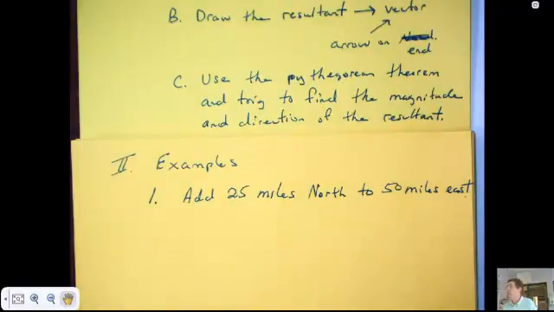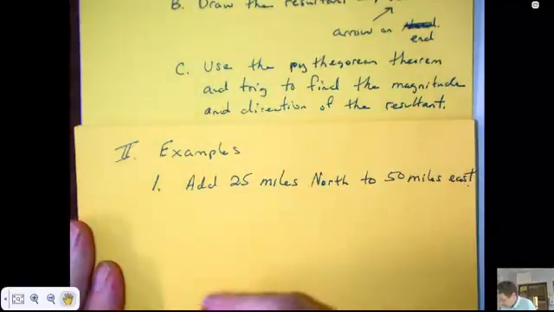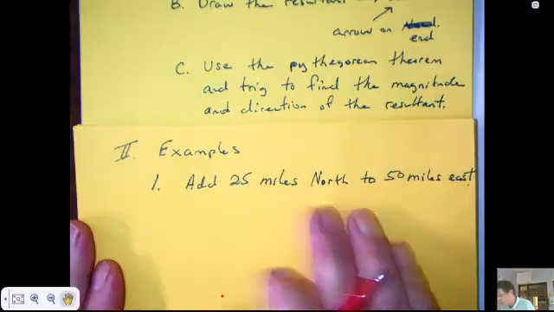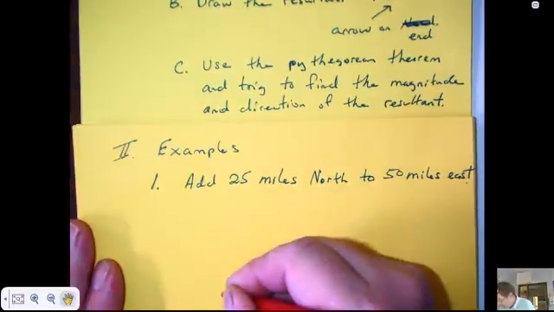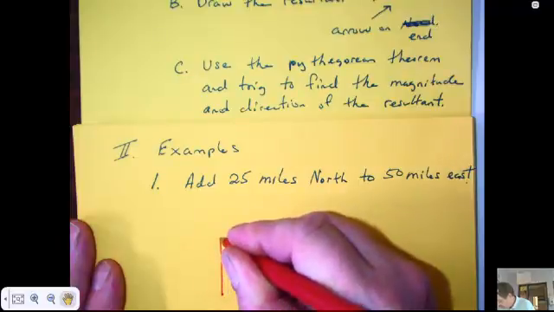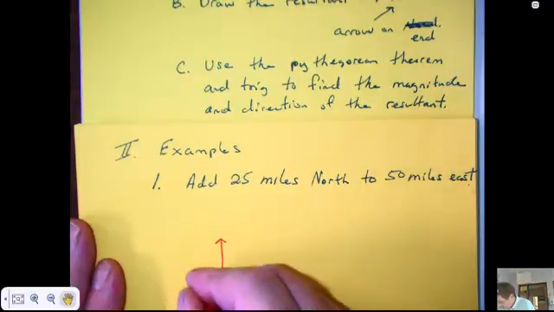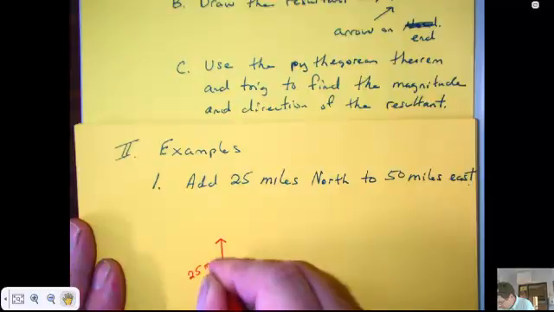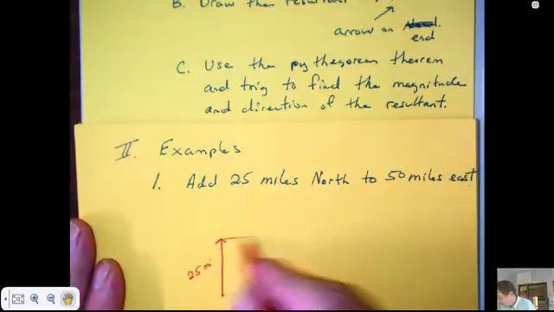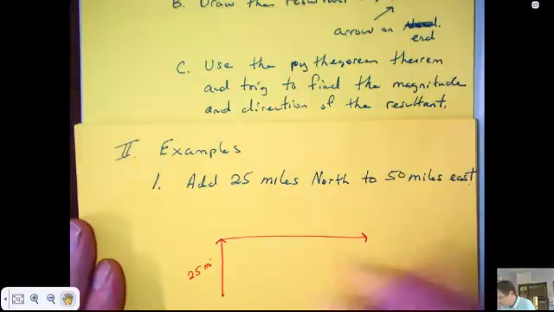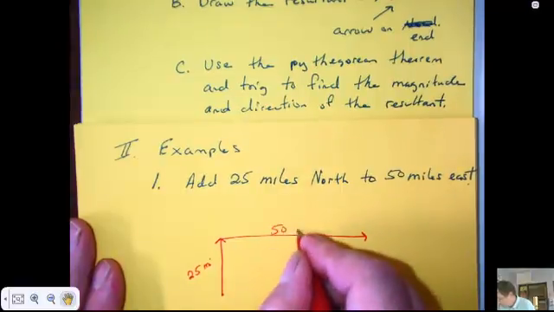Okay, so I'm going to start by drawing the vectors tip to tail. And again, the north one's only 25, the east one's twice as long, so I'll try to draw it that way. So here's my north, and this is 25 miles, always label it. And I'm going 50 to the east.